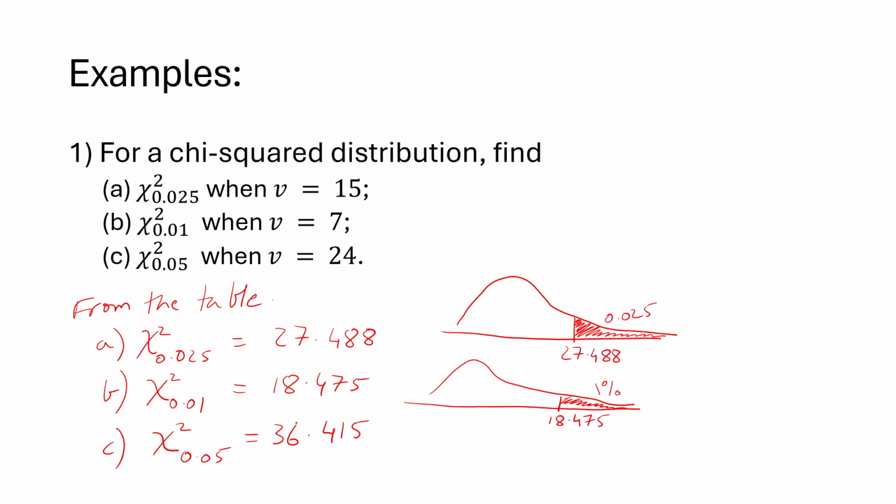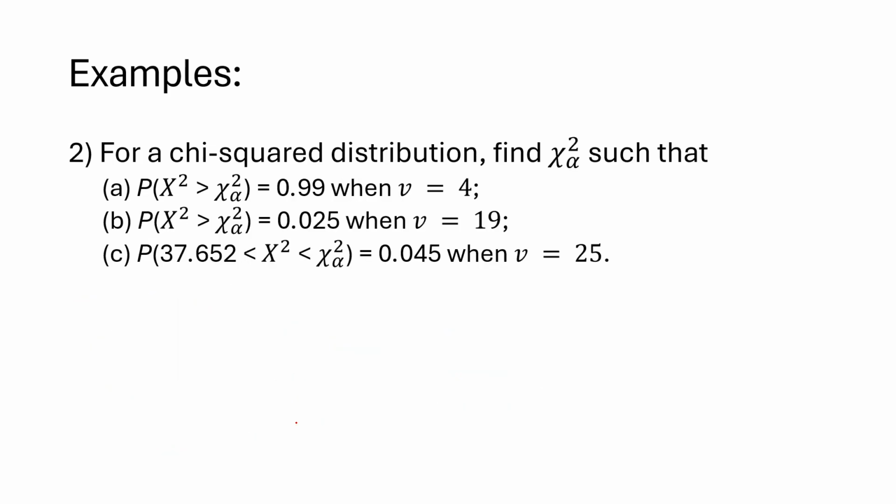Okay, done. Let's go to the next thing. So for a chi-square distribution, find chi-square alpha. Now the question has gone in the reverse.